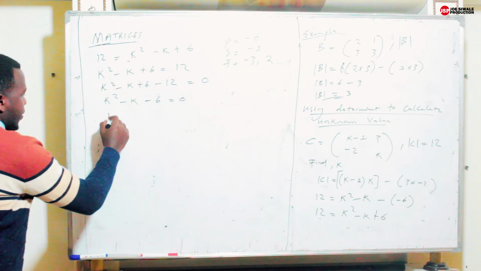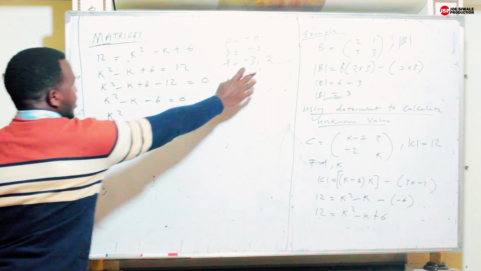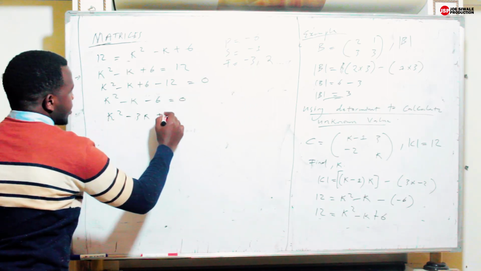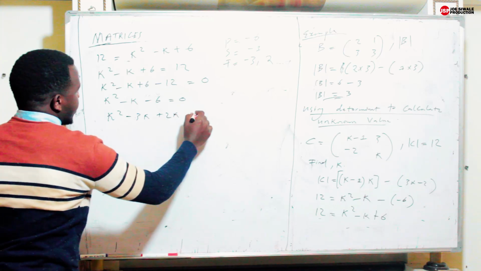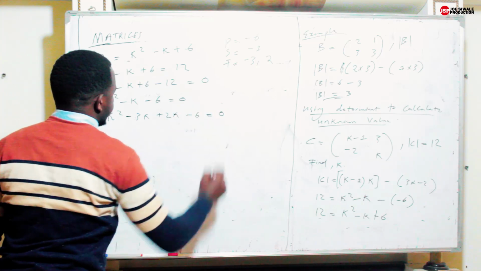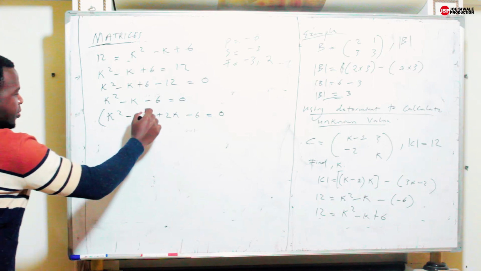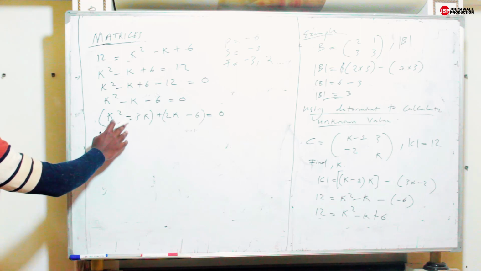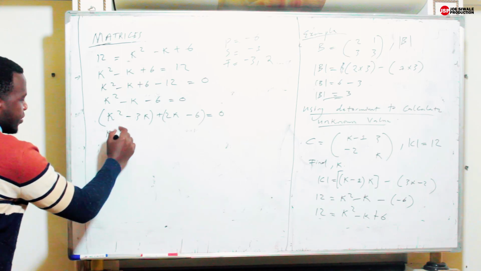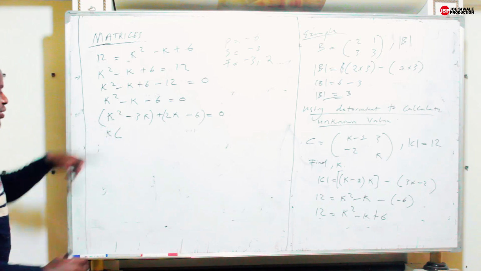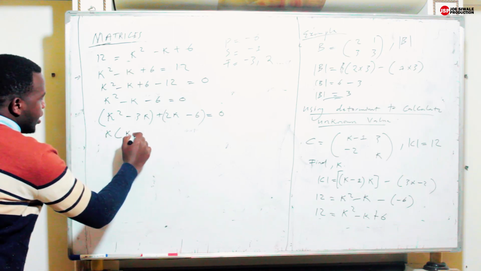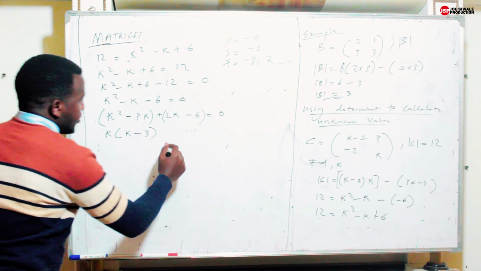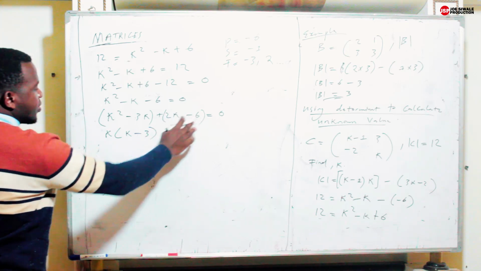So we can say our K squared, then we can get our negative 3K, then plus 2K minus 6 is equal to 0. So we can group our values here. Then we can find our common variable there, that's K, open brackets, K into K squared, we're going to have K, minus K into 3K, we're going to have 3. Then we can say, what's common there?